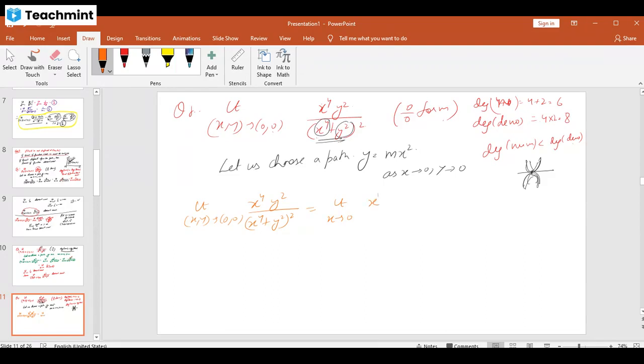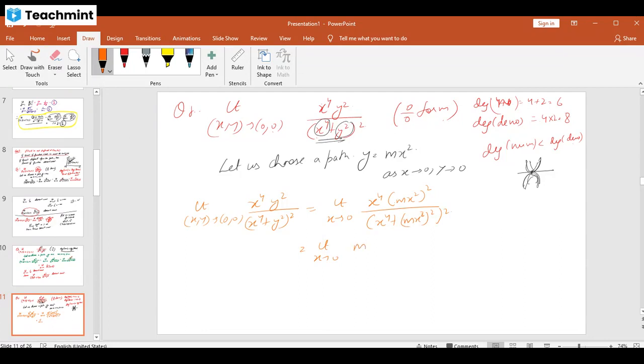In the numerator, we have x power 4 and y is m x square, so (m x square) whole square. And in the denominator, we have x power 4 plus (m x square) whole square.